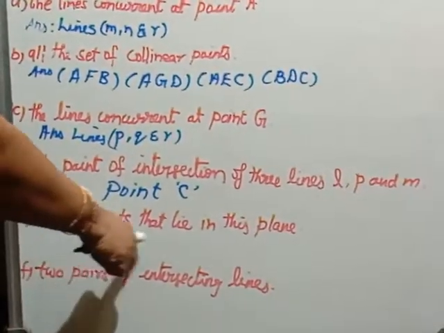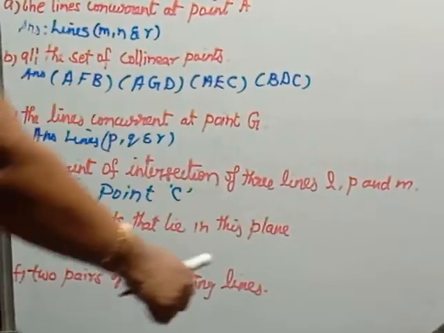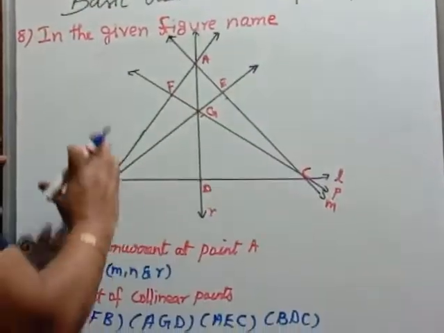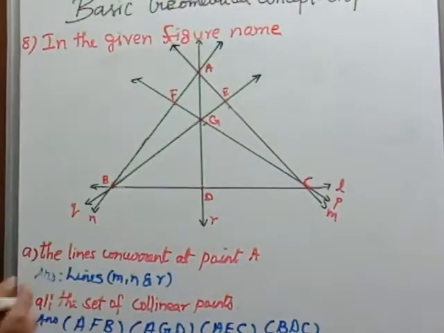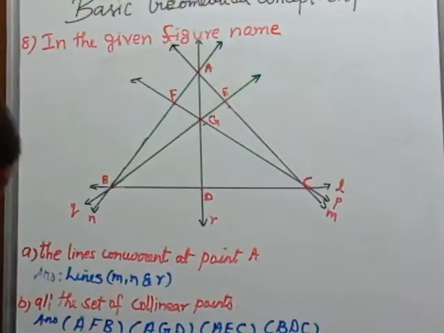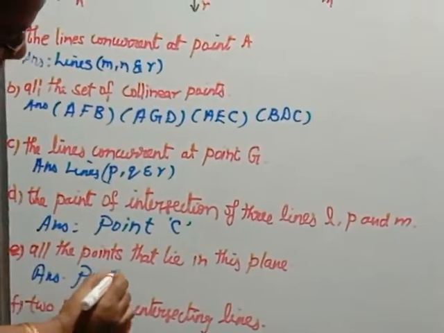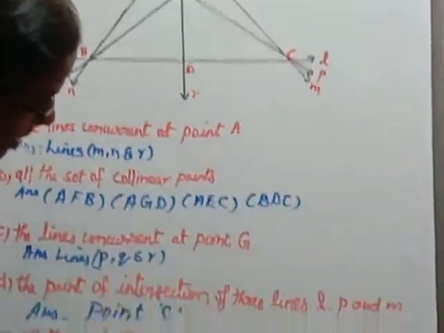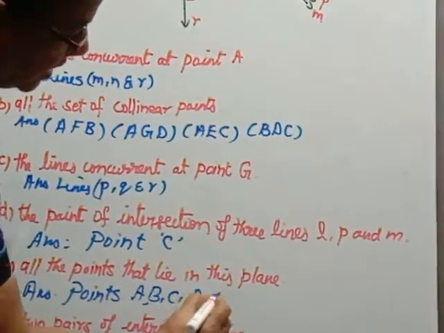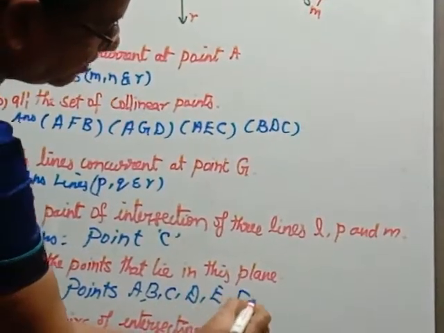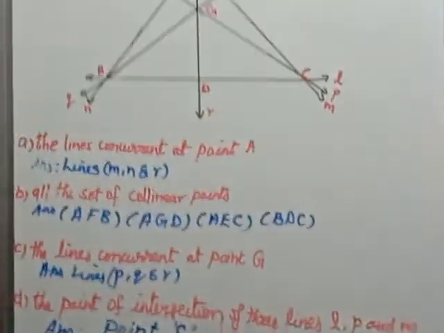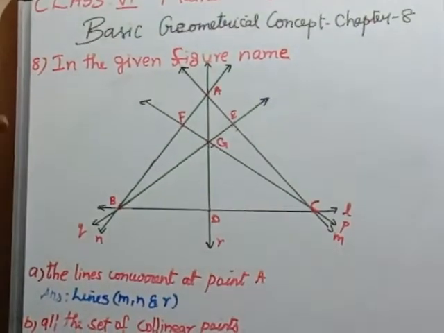All the points that lie in this plane, in this figure, what are all the points we marked? A, B, C, D, E, F and G. All these points lie in this plane.